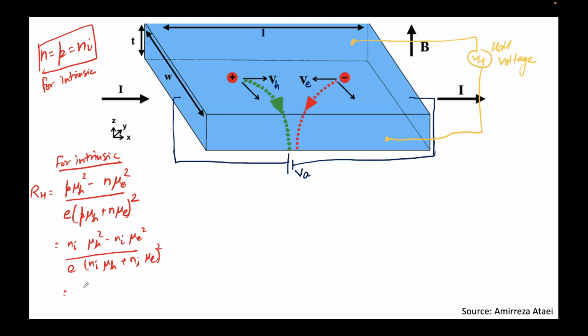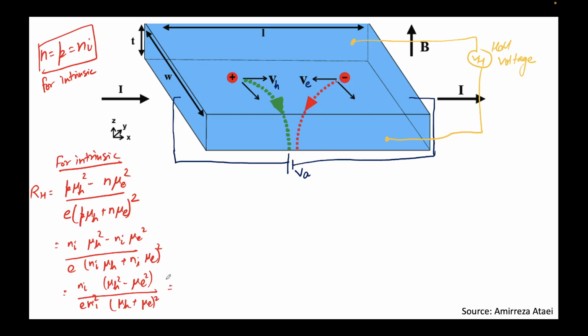Now I can take Ni common from the top, so it will be mu H squared minus mu E squared, divided by, taking Ni common from the bottom, e Ni squared times mu H plus mu E, whole squared.